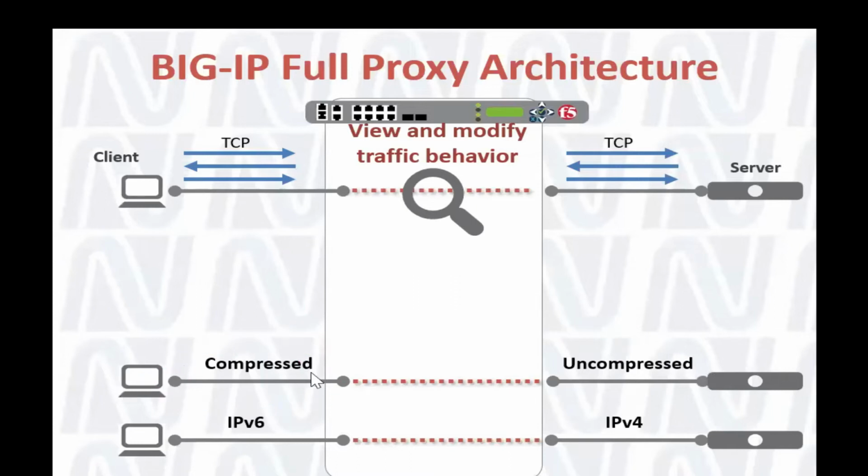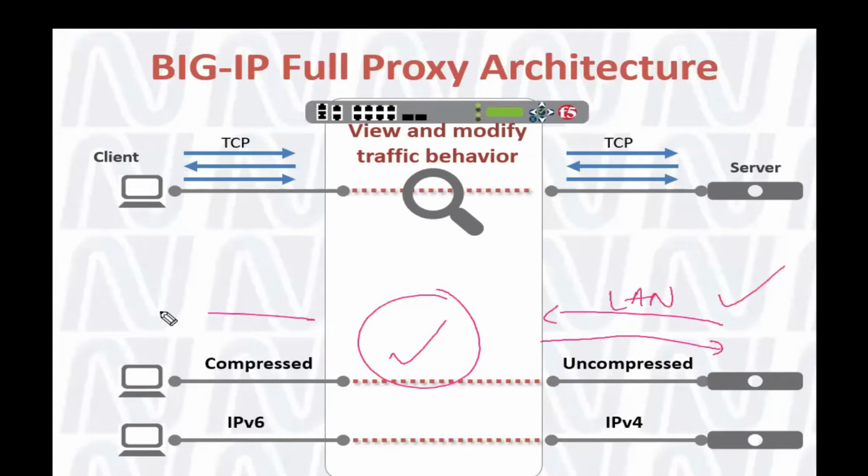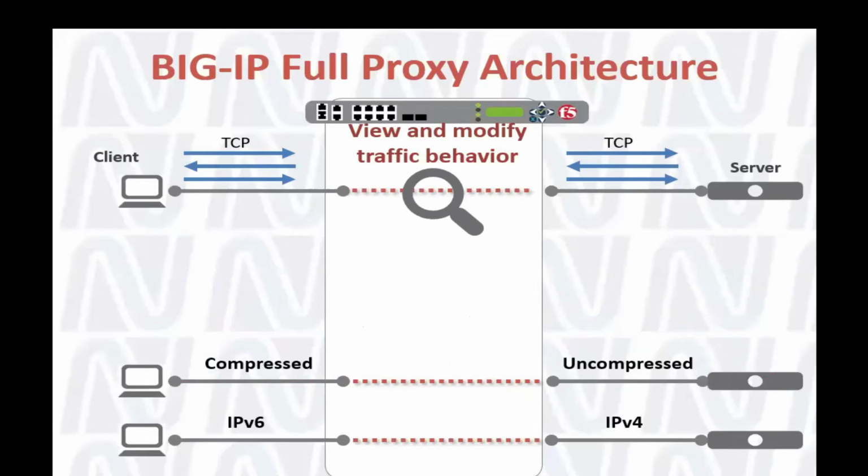From the client to the F5, data will be compressed, and all the compression and decompression is done by the F5. Towards the server it is only the LAN, so it will be fast. It is the WAN towards the client that is slow, and over the WAN a compression profile can be used. So all of the work is done by the F5, and the server will not have those problems. Speed will be good and the client will be happy.